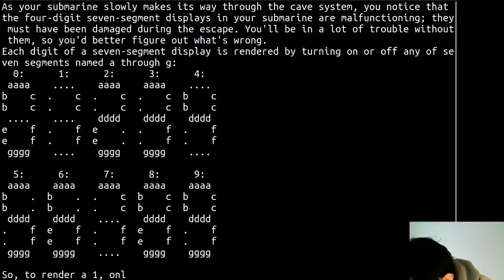I think it might be because more's outputs. Don't know why. 5: A, B, D, F, G.